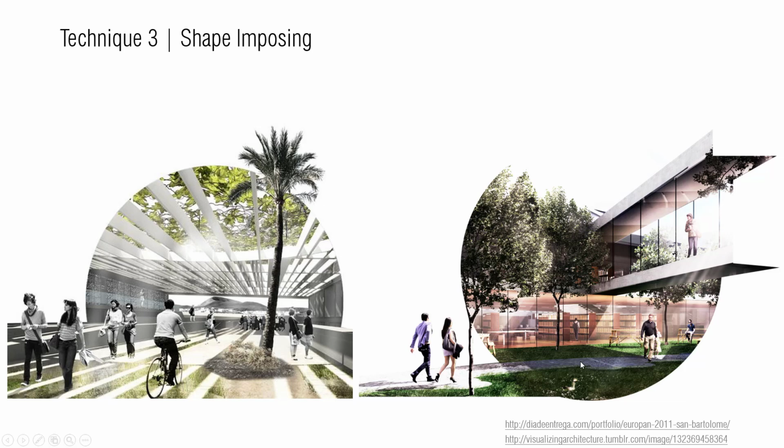And then a third technique is to use shape imposing. So you can impose a shape here to make a certain feature the focal point. This works really well when you have features that extend into the depths of your drawing, like this. In other words, when you have a one-point perspective.